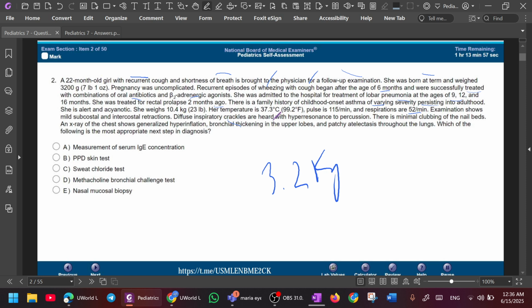Diffuse inspiratory crackles are heard with hyperresonance to percussion. There is minimal clubbing of the nail bed. X-ray of the chest shows generalized hyperinflation, bronchial thickening in the upper lobes, and patchy atelectasis throughout the lungs. Which of the following is the most appropriate next step in the diagnosis?